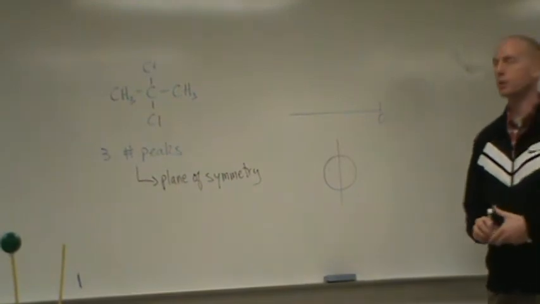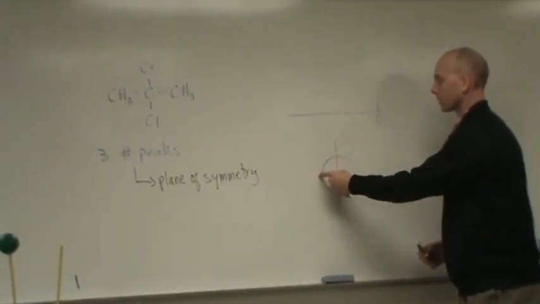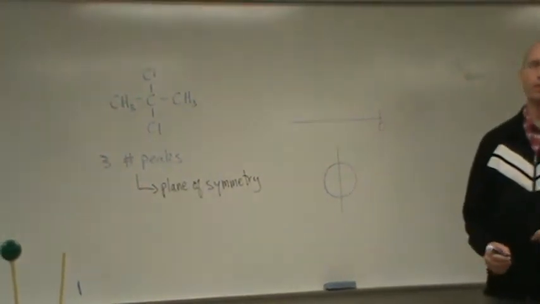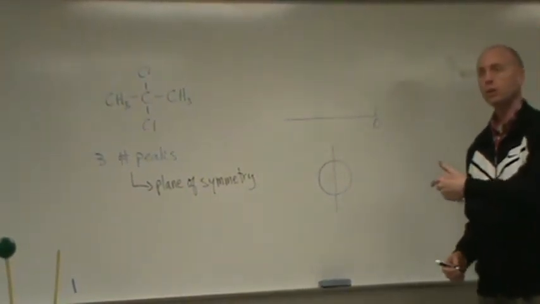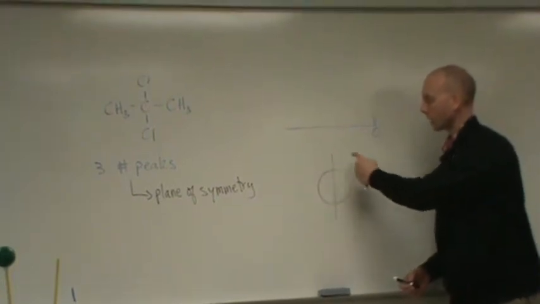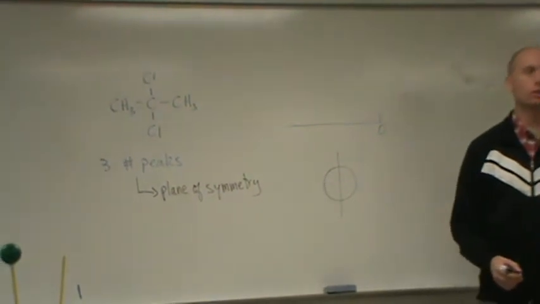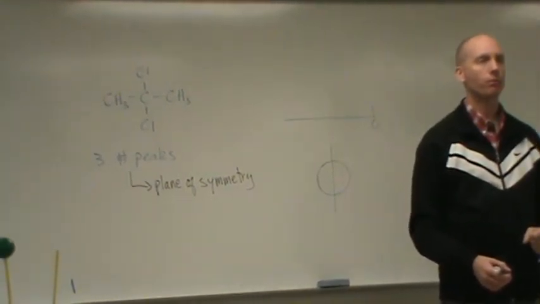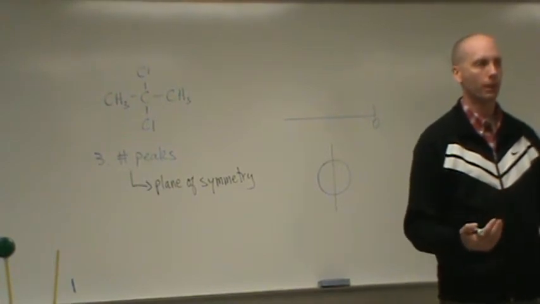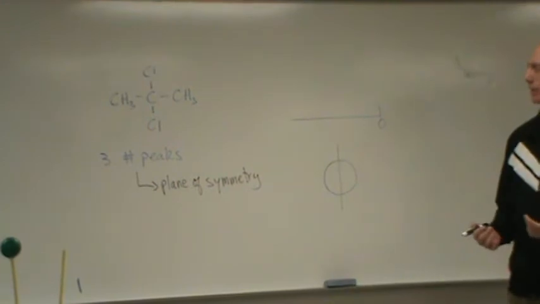So the plane of symmetry designates that one side of that plane is the same as the other side. With a circle, that is the most symmetrical object, isn't it? Because you can draw tons of mirror planes for it. Does your body have a mirror plane? Yes, right down the middle, and so on.